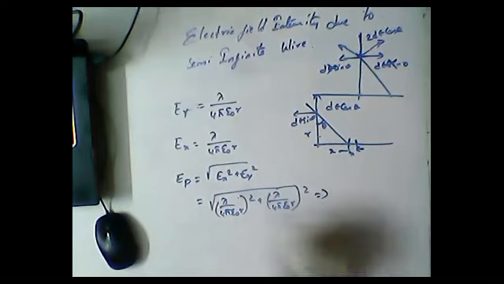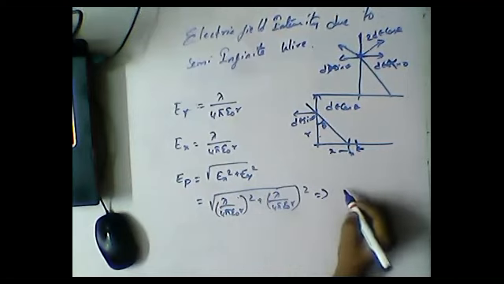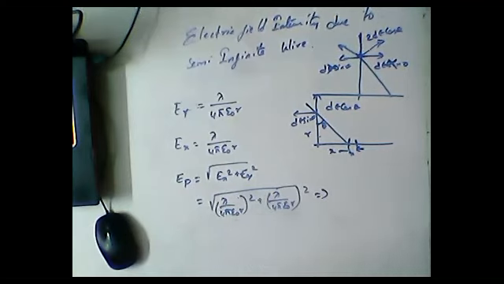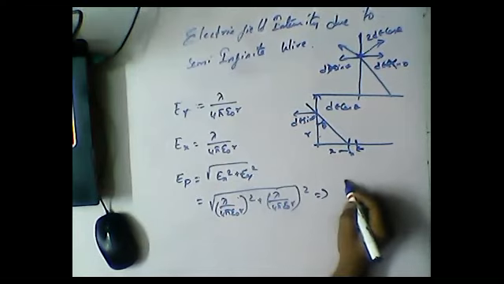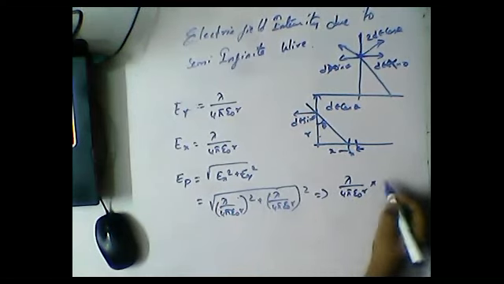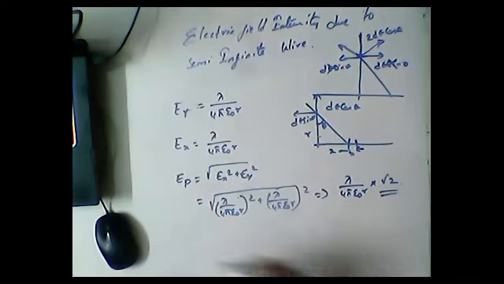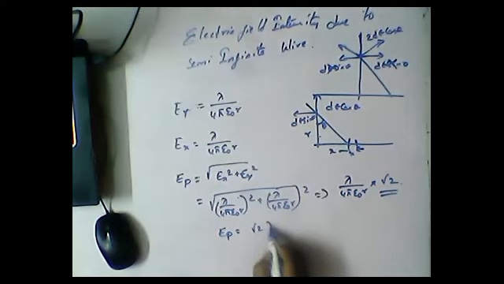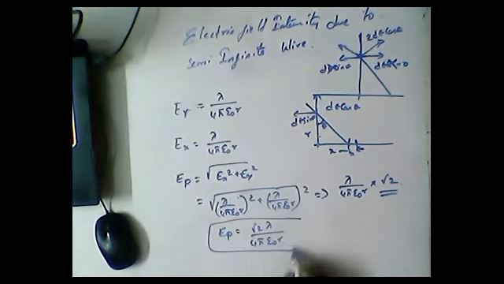Upon simplification, lambda by 4 pi epsilon is a constant and we can keep it outside. What we are left with is lambda by 4 pi epsilon R into root 2. So the electric field at the given point for a semi-infinite wire is root 2 lambda by 4 pi epsilon R. That's it, hope you all understand.